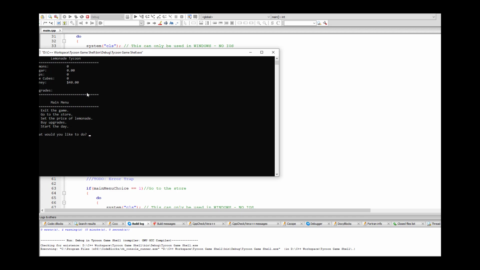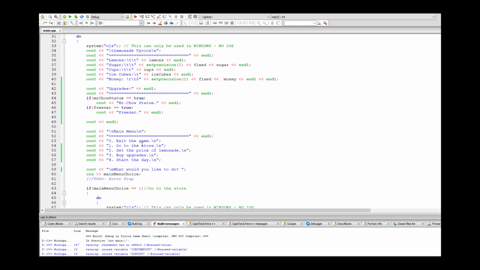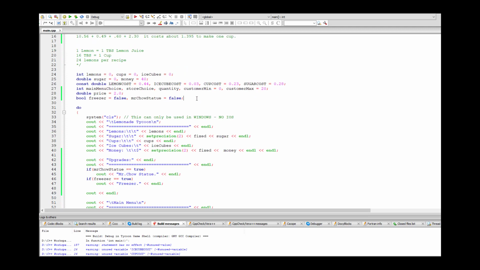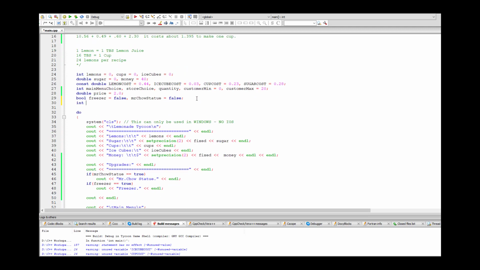Okay, so upgrades. Currently, I have nothing. All right, what I will do is I'll actually create a variable here called int upgrade count to count how many upgrades I have. Right.